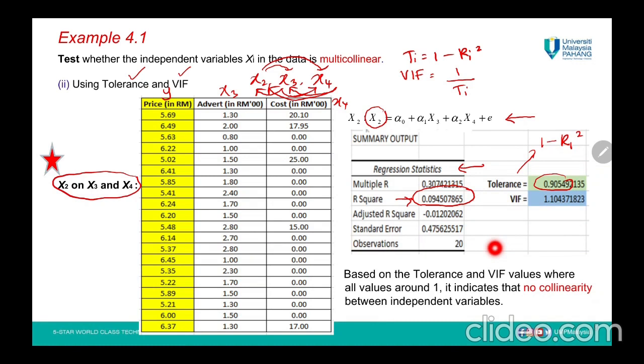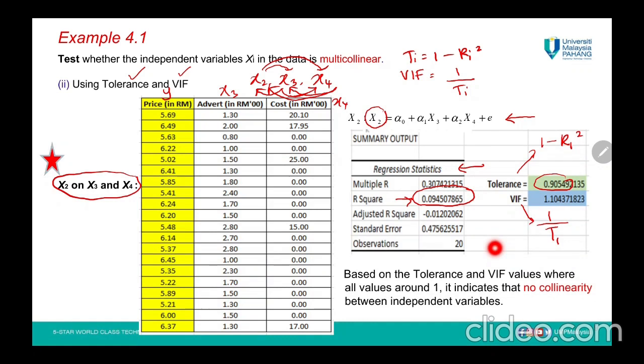We can also calculate the VIF value, which equals 1 over T1, that is 1 over 0.9055.